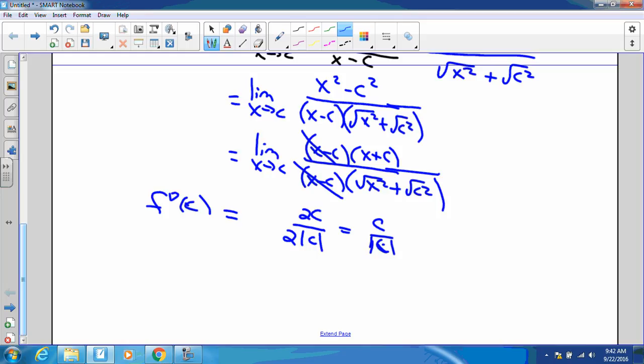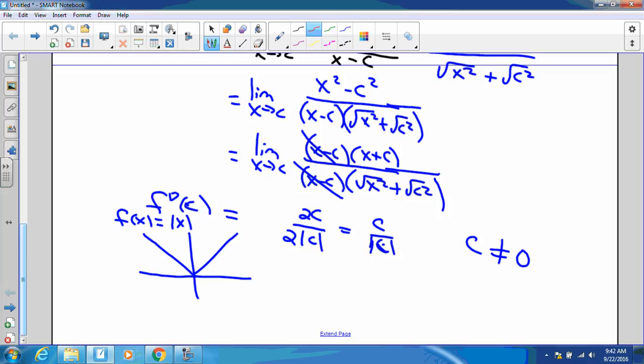But there's a problem. What value of c is going to break the zero quantity? So we need to put a qualifier on this, that this is valid only for c's not equal to 0. So that when I look at the derivative, here's f of x equals the absolute value of x in blue.